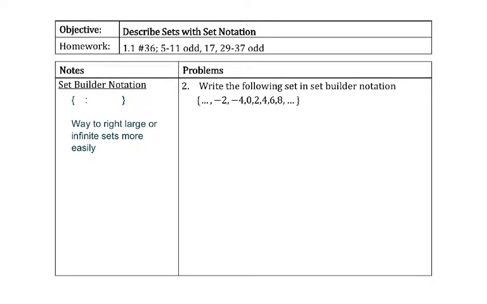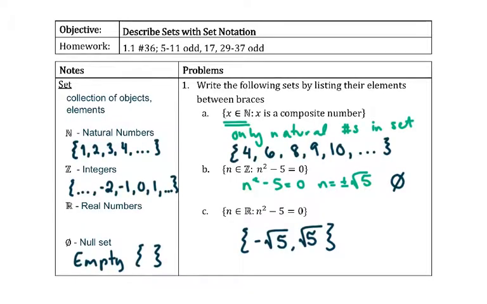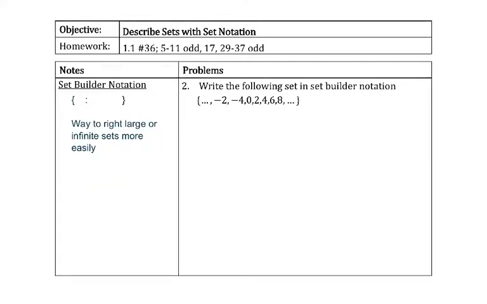you're going to go through 2 separate steps. The first thing you're going to do is, just like in problems in number 1, we're going to start by identifying what type of number we're looking at. So in this case, we've got -2, -4, 0, 2, 4, 6, 8. So those are all integers. And so that's how we're going to start ourselves off.